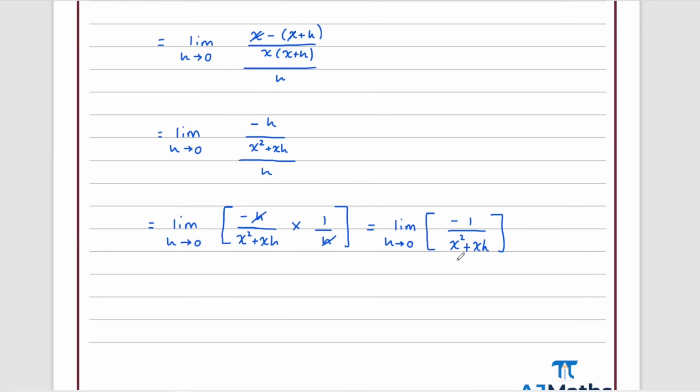All we need to do now is consider the limits here. So now take the limits as h tends to 0. As h tends to 0, this xh will tend to 0 as well. So what we get left with is minus 1 over x squared.